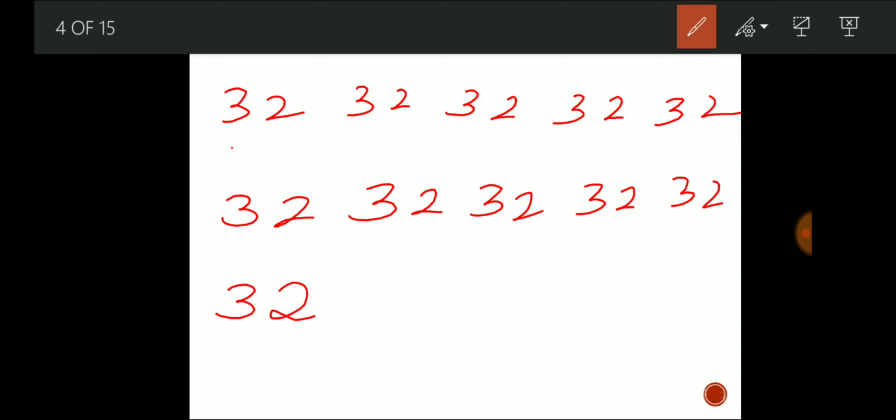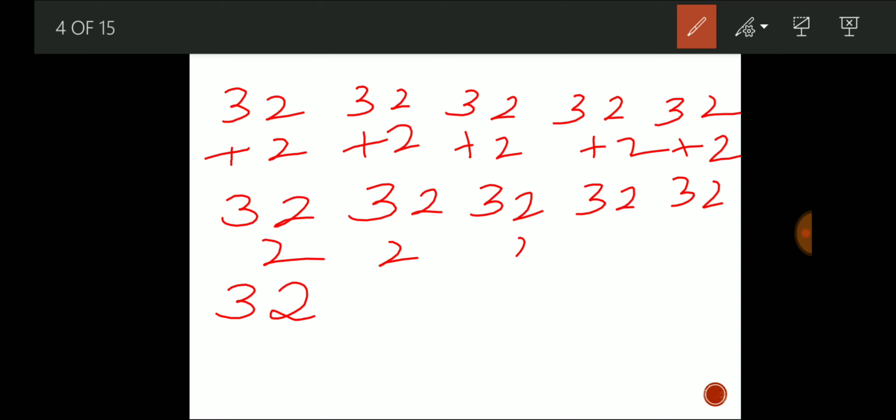So which means plus 2 for each person. So all 11 people are getting 2 extra. So obviously for 11 people, if I get 2 extra on top of the normal basic average of 32, that means 22.